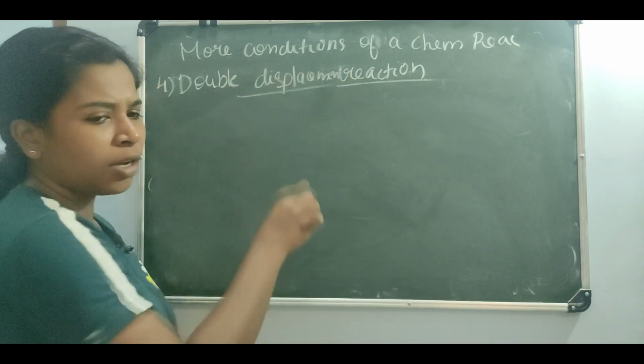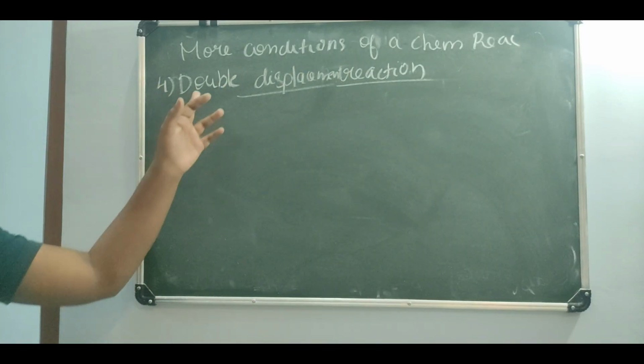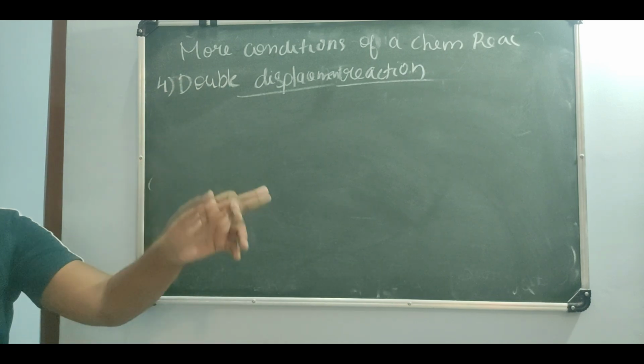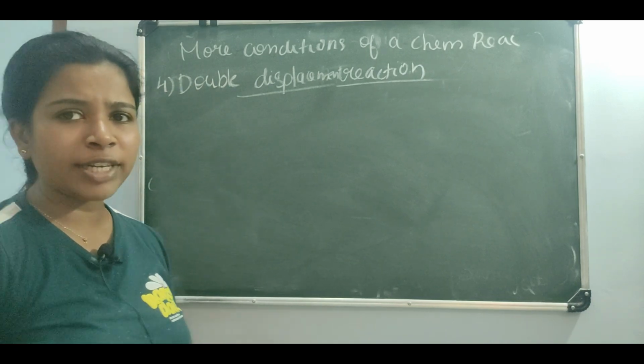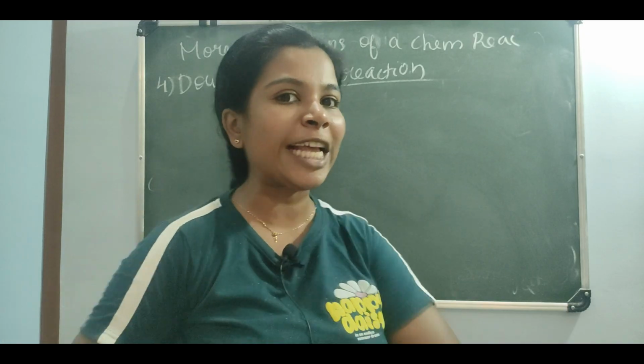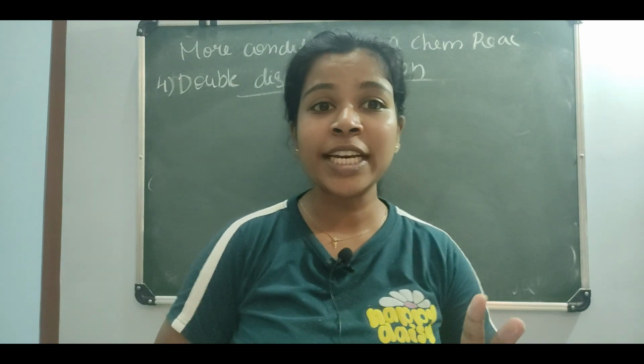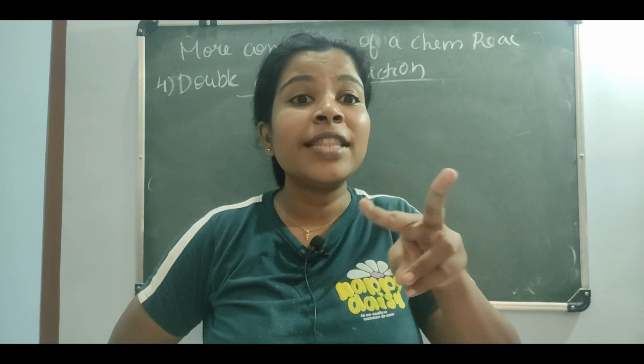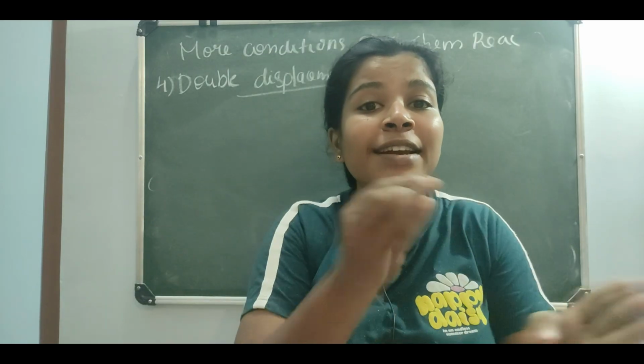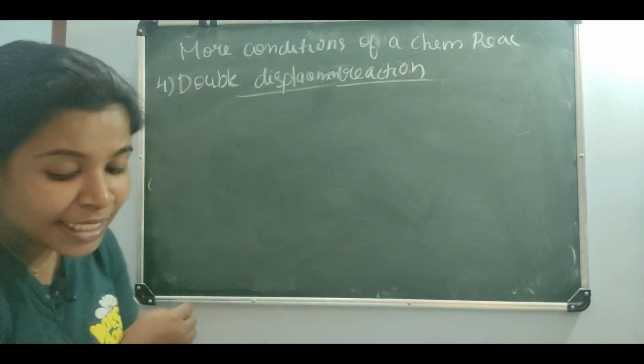Okay, now what will be double displacement reaction? From the name of this reaction, what can you understand? What can you guess? Yes, displacement is happening. How many times? Two times. There is double displacement happening.